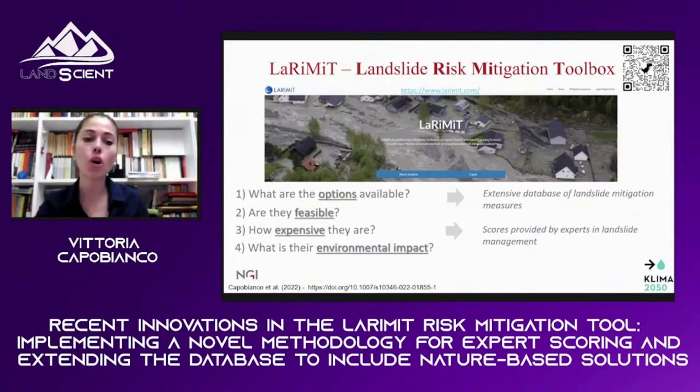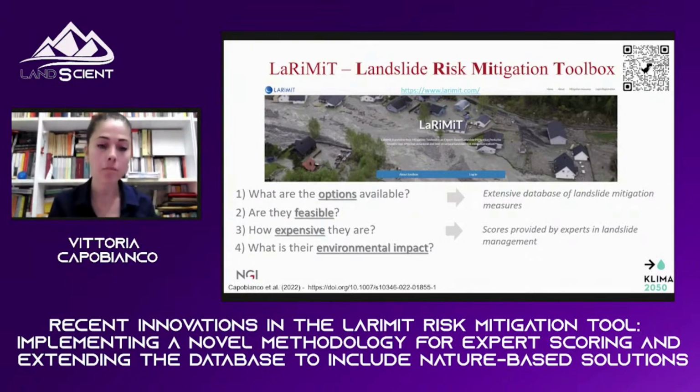So these are the four main questions that LaRiMiT answers. The first one is, again, what are the options available? And this is done through an extensive database that you can check out with the description of more than 80 landslide mitigation measures. And then the other questions are: are they feasible? How expensive are they? What is their environmental impact?